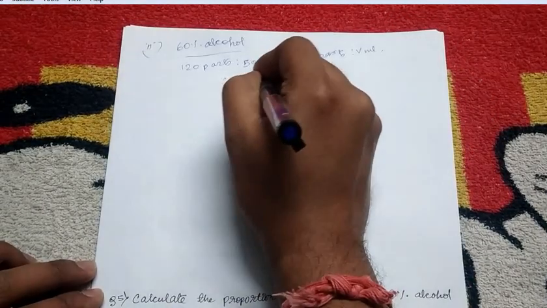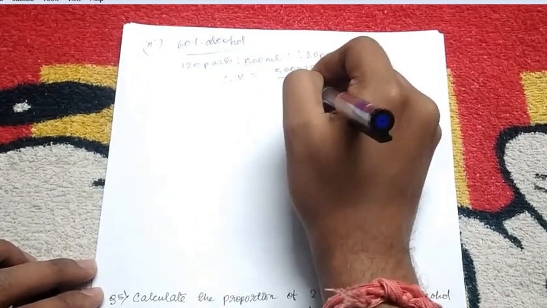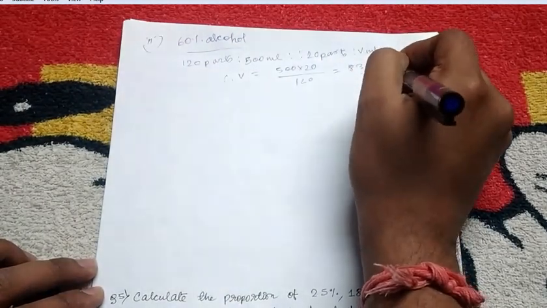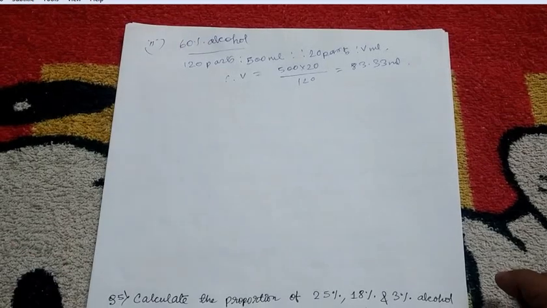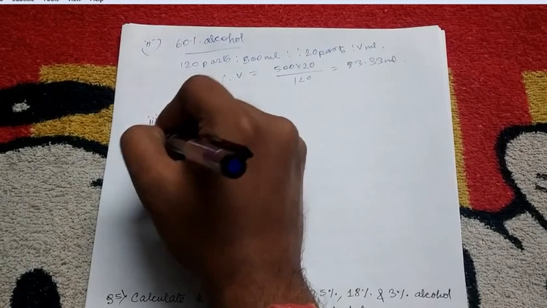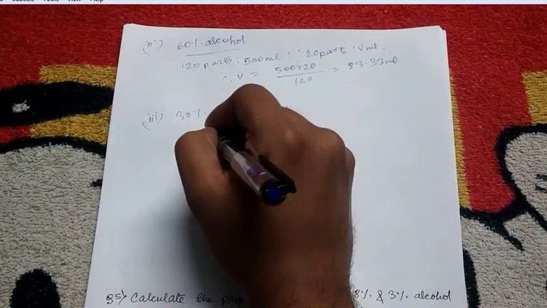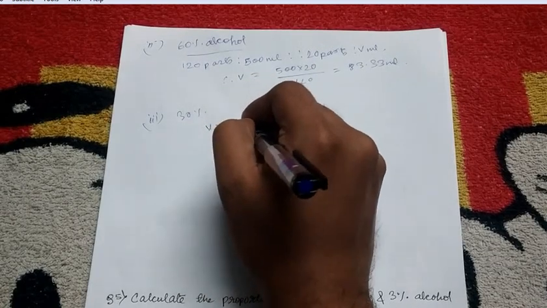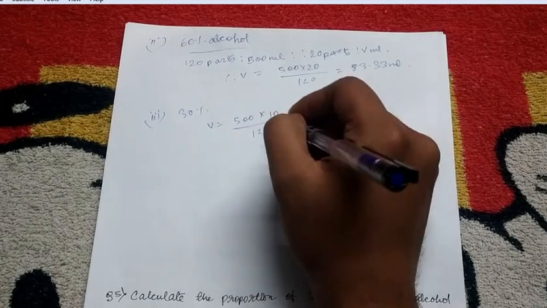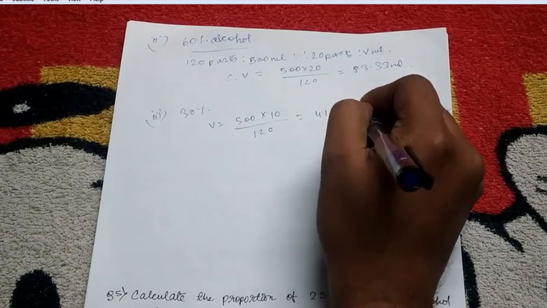Therefore, V equal to 500 into 20 by 120. That is 83.33 ml. Okay. So in the same way, for 30%, we get V equal to 500 into 10 by 120, that is 41.67 ml.